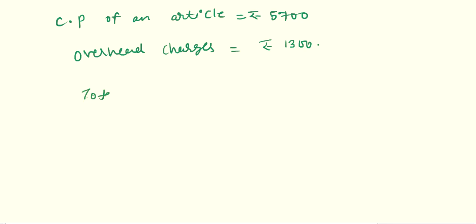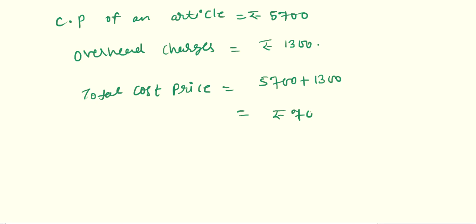Now we will find the total cost price. Total cost price means what? Including overhead and cost price. So 5,700 plus 1,300. From there we are getting rupees 7,000. Clear? Then it is given, for how much should this article be sold?